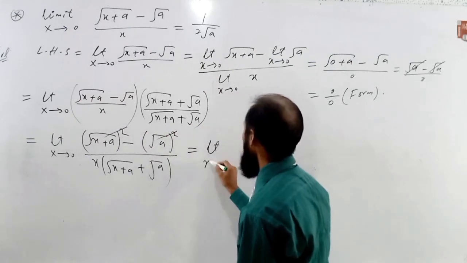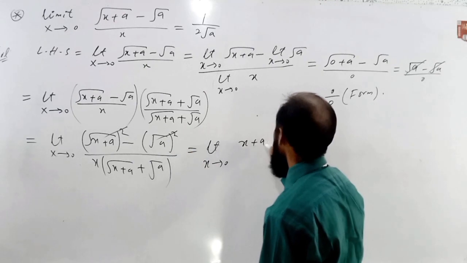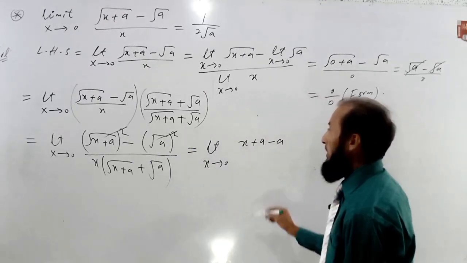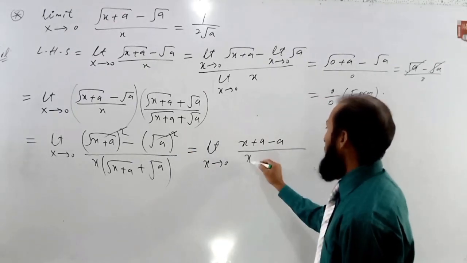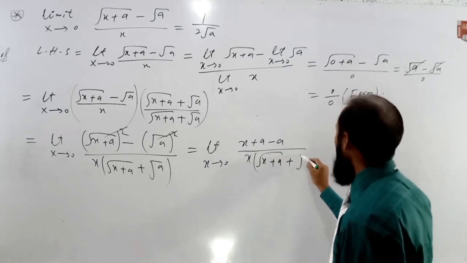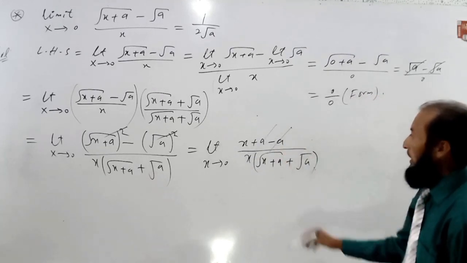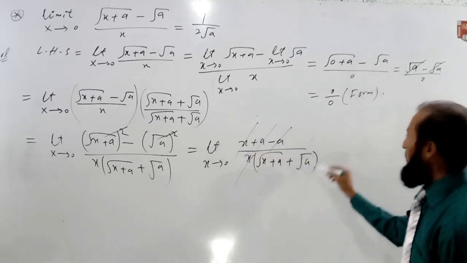Limit x tends to 0, we get x plus a minus a divided by x into square root of x plus a plus square root of a. The a's are cancelled and the x's are also cancelled.